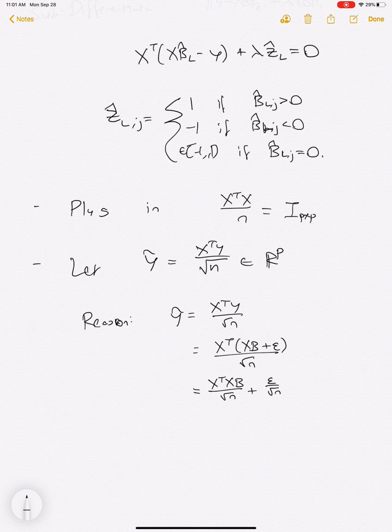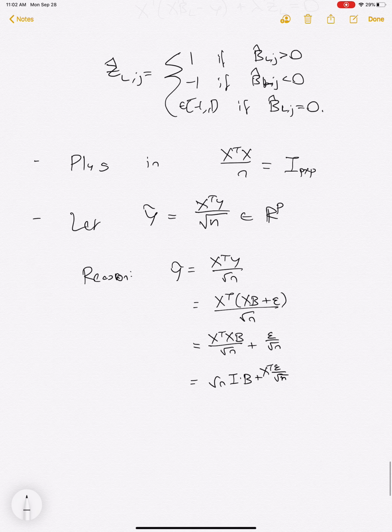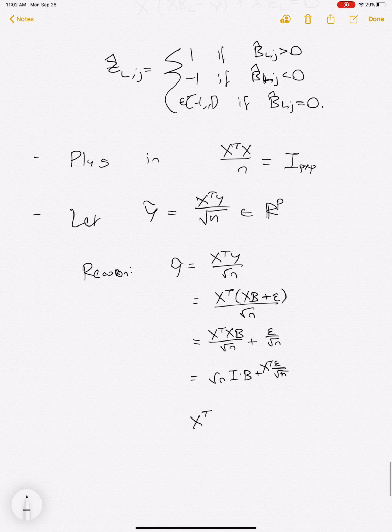Using this, let me just see if that makes sense. So using this definition, this is exactly equal to square root of n times I times b plus x transpose epsilon over square root of n. And we know that x transpose epsilon over square root of n is distributed, from the previous lecture, as sigma squared I p by p.